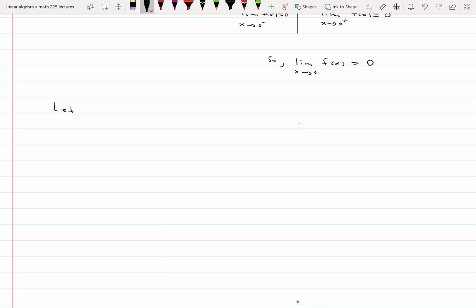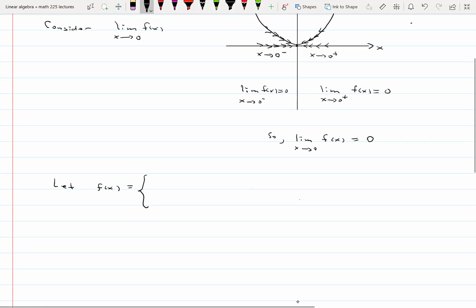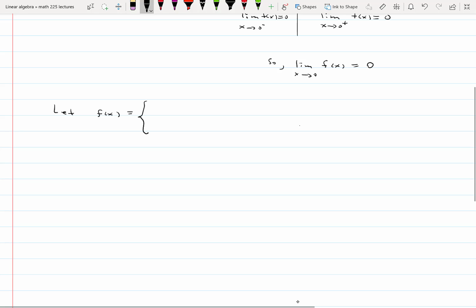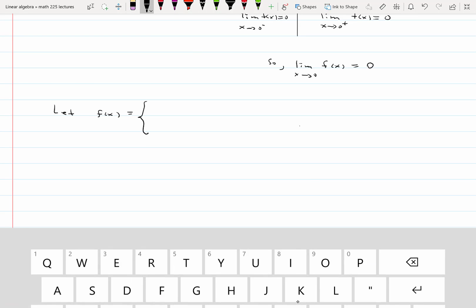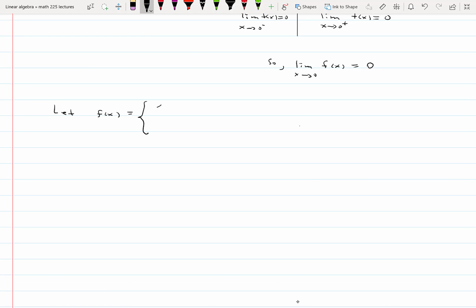Let's change up our function above. We still want to keep part of our function. Let f of x equal x squared for, let's say, x less than 0, and x plus 1 for x greater than 0.